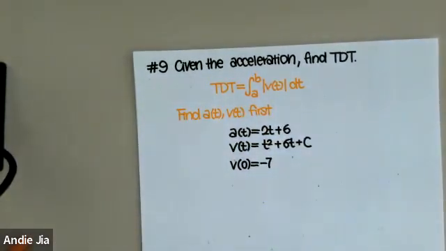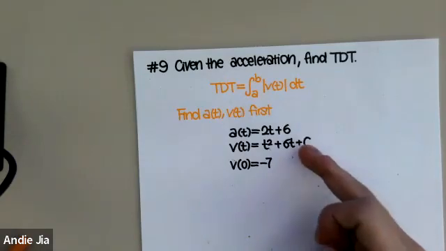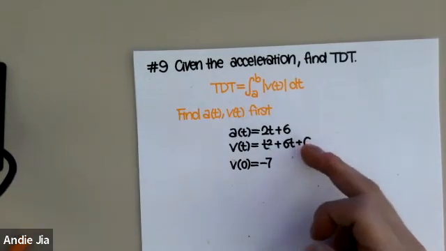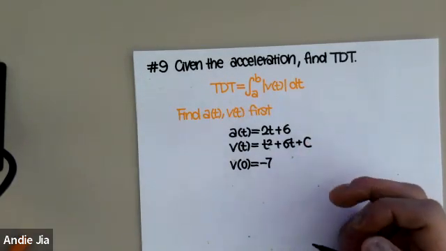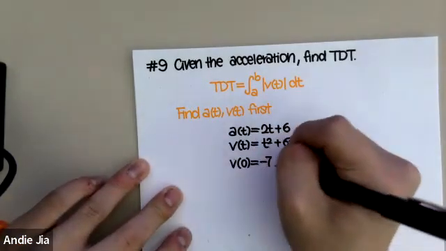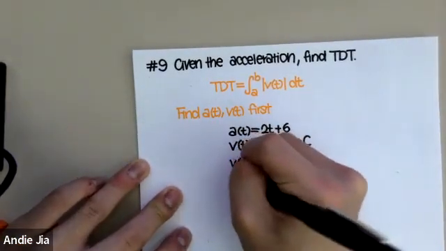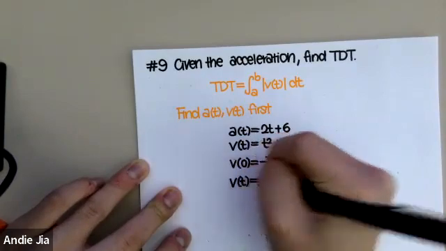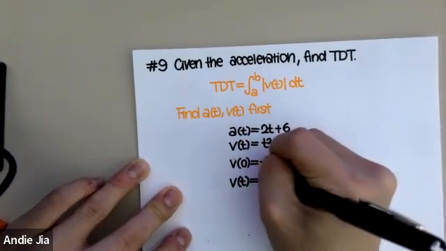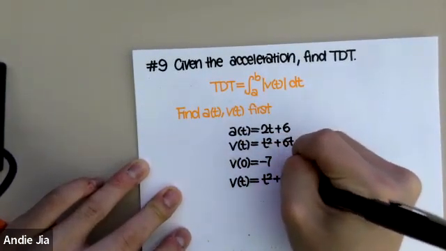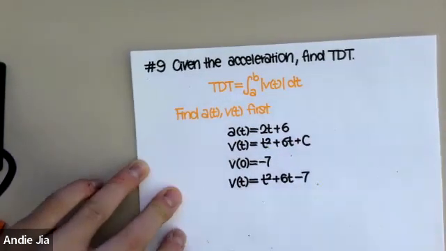So when t equals 0, v(t) is negative 7. Then solve for C. C is negative 7. So v(t) is t squared plus 6t minus 7. This is the v(t).